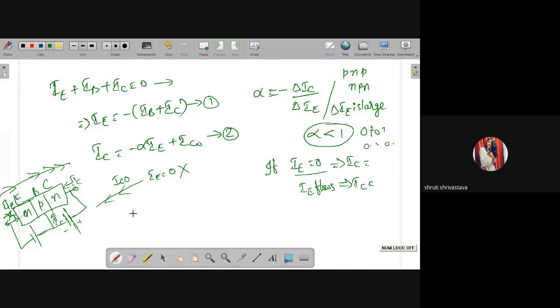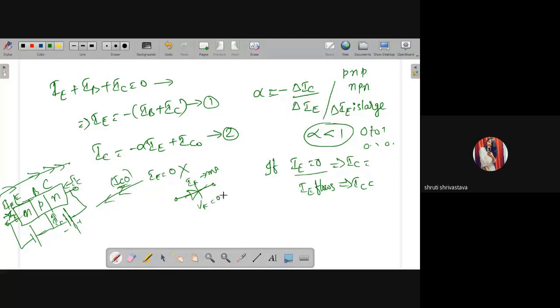Why the opposite direction? Because it is just like a reverse bias condition. When IE is equal to 0, there will be no current flowing through IC, but only a minimum current, a minor value in microamperes, will be flowing from the collector. That current is your reverse saturation current.